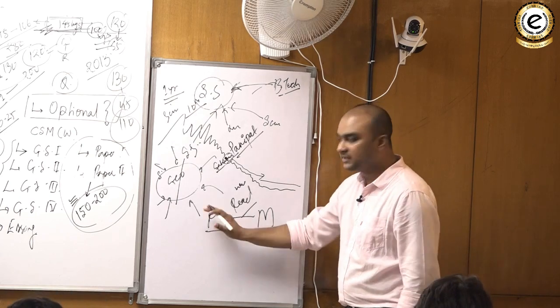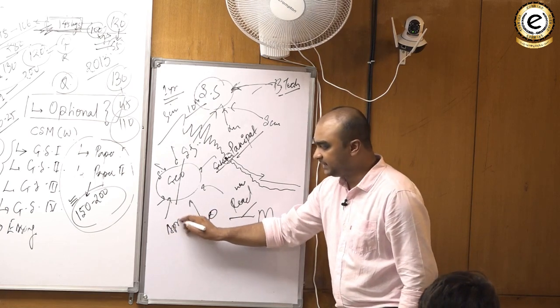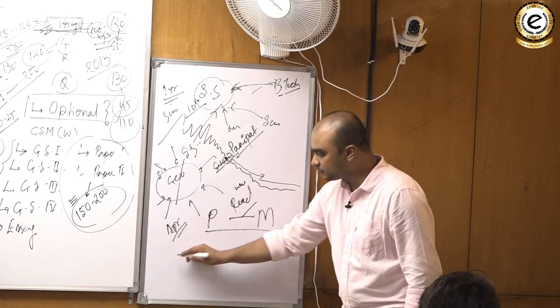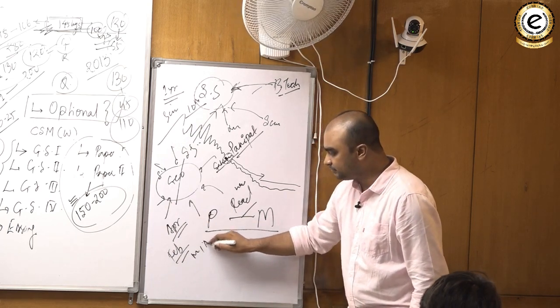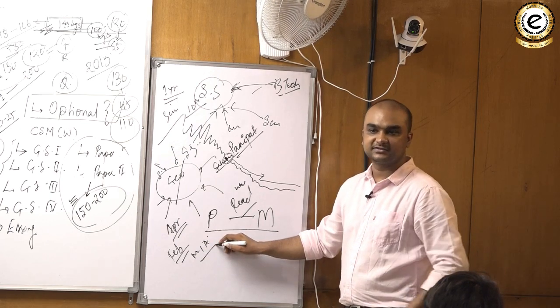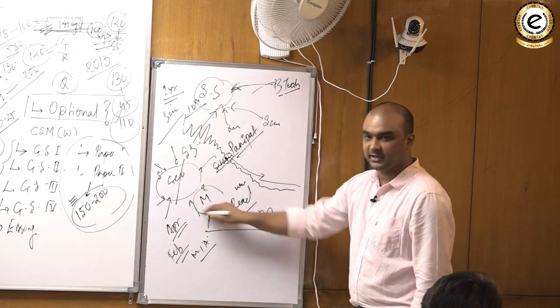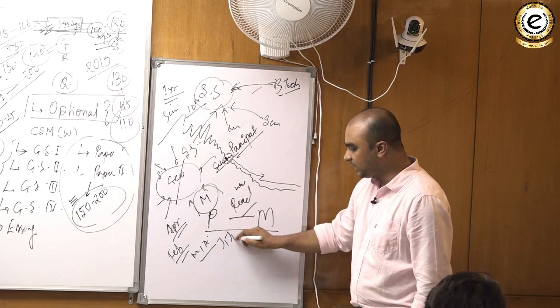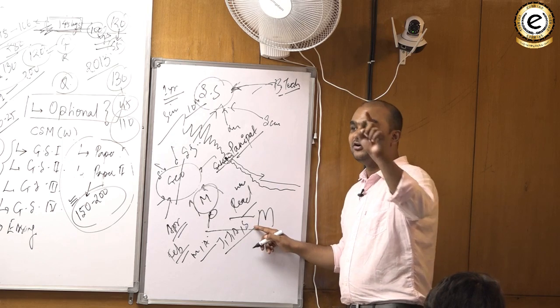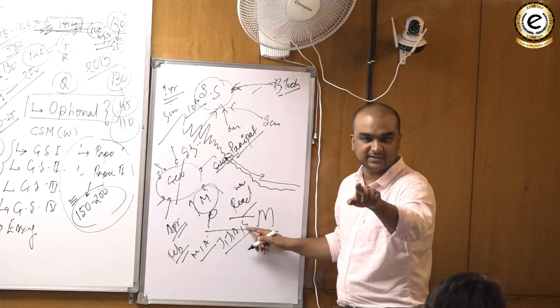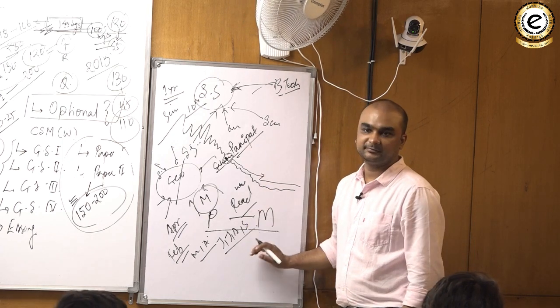You must be done with your preparation by April, or to be more precise, by February, so that in March, April you can revise for the prelims, and when you give your examination in May, then June, July, August, September, you can revise for your optional as well as the GS main section and do the writing. Are you clear with that?